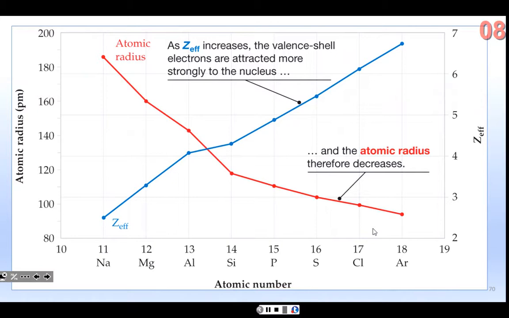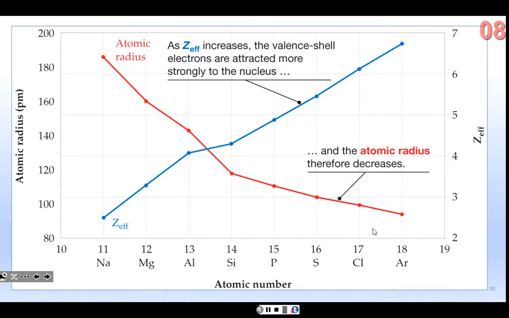Okay, so what's the deal? I was just trying to explain to you how the electrons in the second shell of fluorine are pulled by 9 protons versus electrons in the second shell of lithium being only pulled by 3 protons. And this has to do with what we call effective nuclear charge.